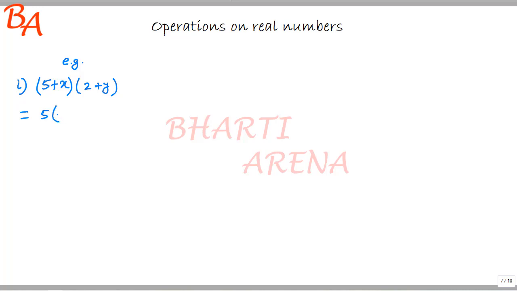First multiply by 5, 2 plus y, and then by plus x, 2 plus y, equals 5 2s are 10 plus 5y plus 2x plus xy. So this is the way by which the algebraic expressions are calculated or operated.